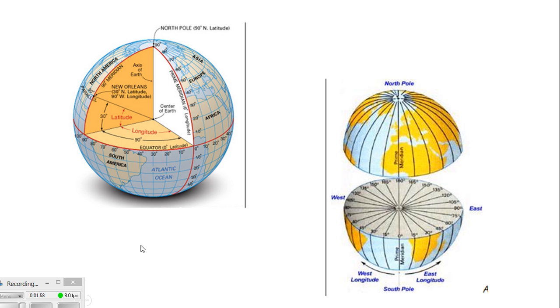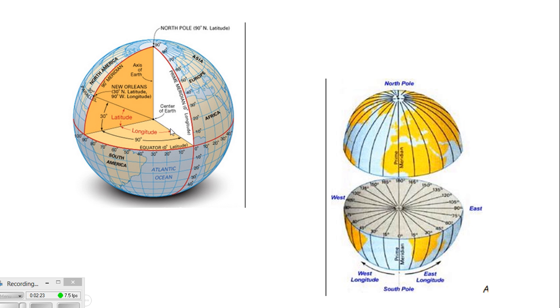Typically, we know from our grade school geography, rather, there is geometry in geography, because we talk about lines of latitude and longitude. So you can talk about your position on Earth in terms of degrees, latitude and longitude. Latitude is measured north and south of the equator, measured in degrees.